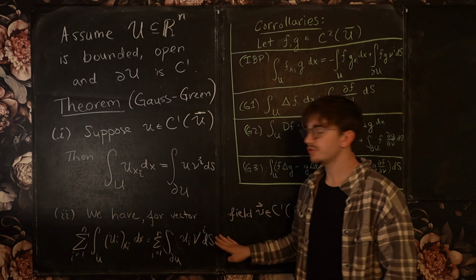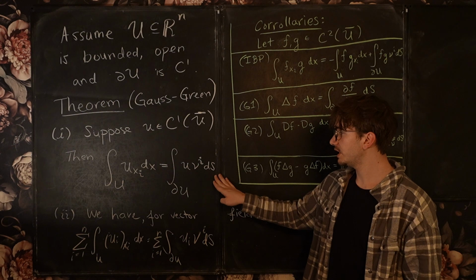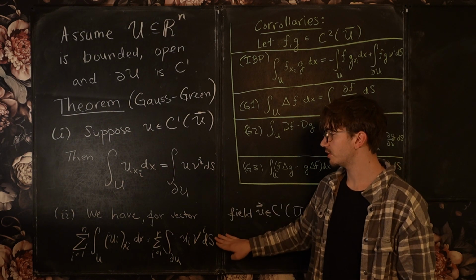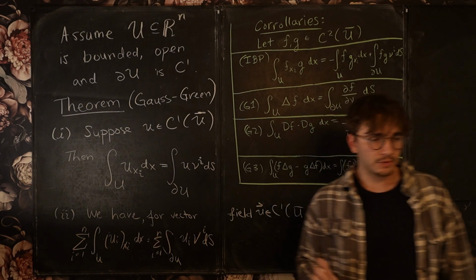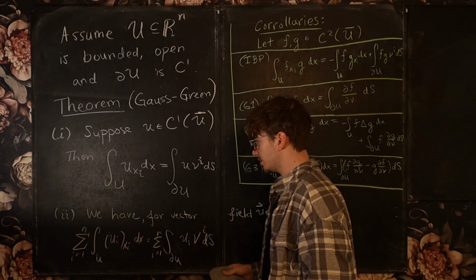So part 1 and 2 are clearly equivalent, and therefore we only need to prove part 1 or part 2, and then we'll automatically have established both results.